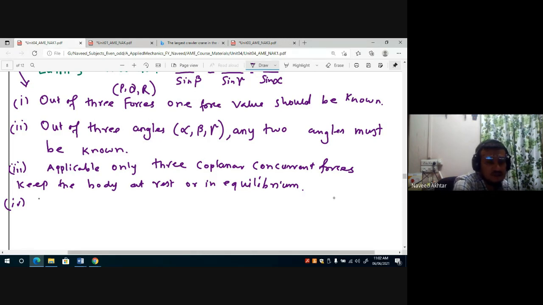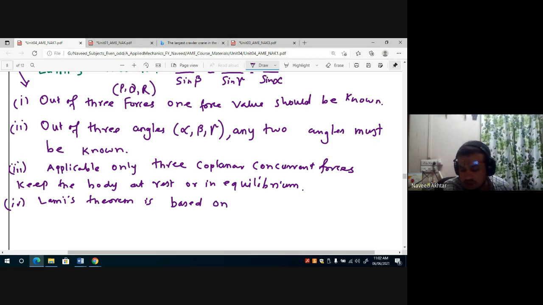Lami's theorem is based on the sine rule for solving a triangle, and it is a relationship between side, the force and the angle opposite to it.